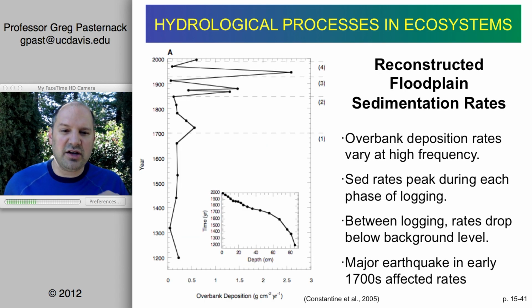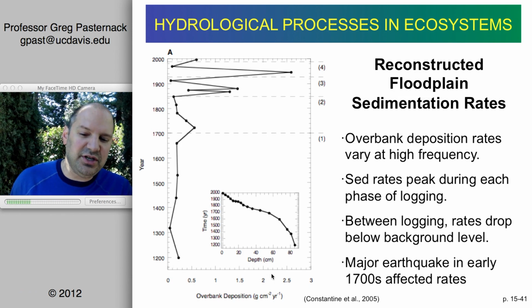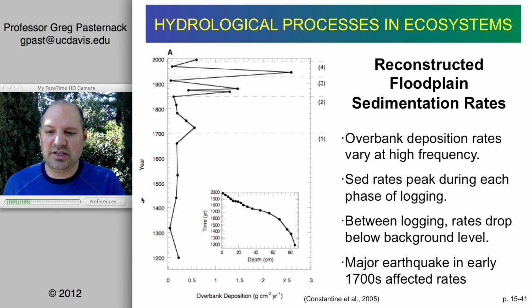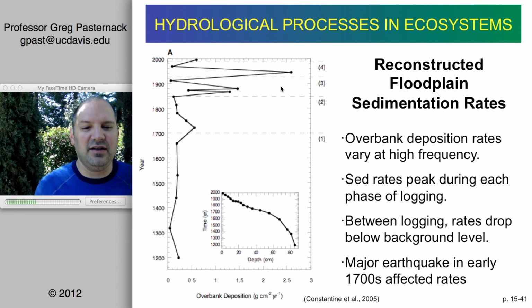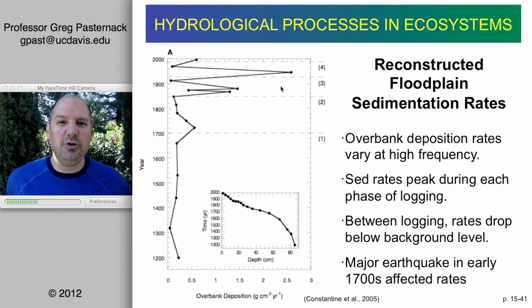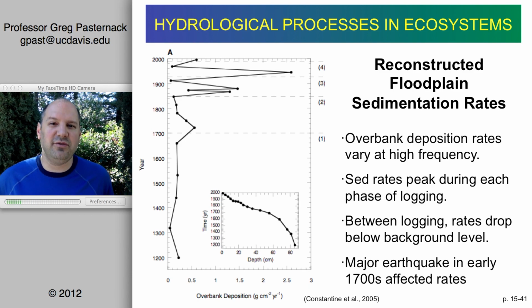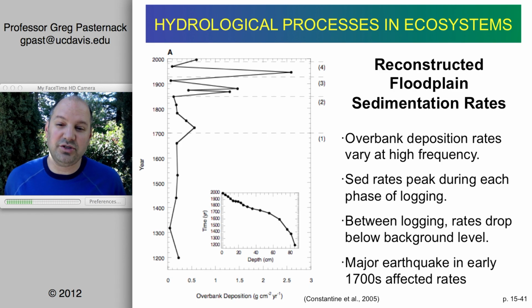So here's a reconstruction of the sedimentation rates. So the x-axis as you go across means more deposition, and then the y-axis is in the year, starting from 1200 AD and coming up to present. And what you can see is that since about 1850, there's been some very strong fluctuations in sedimentation rate with individual events that have taken place, and these could be tied back to different periods of logging or forest fire in the watershed.